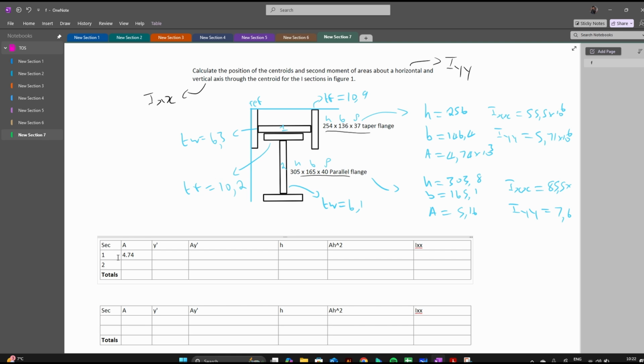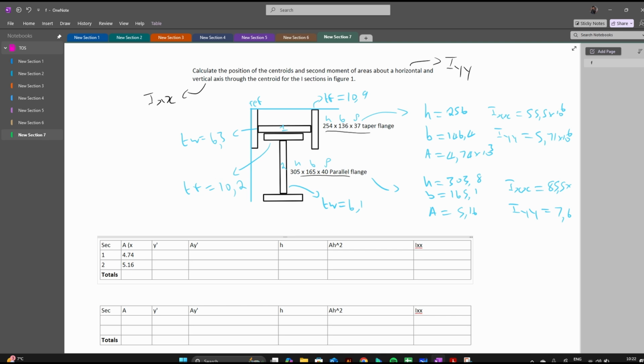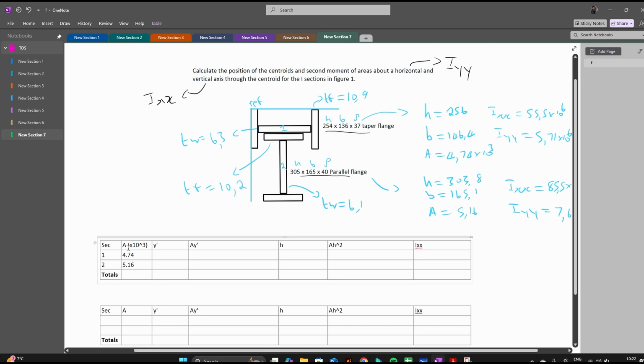For section 2 it is 5.16. Now we know that all of these areas are times 10 to the 3, so you don't need to write this down here again.